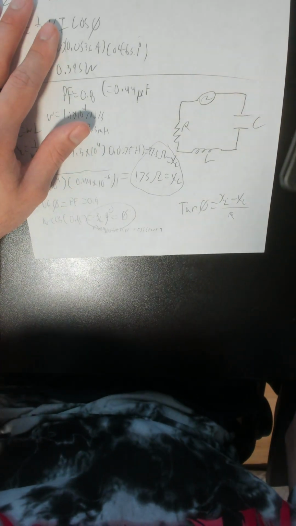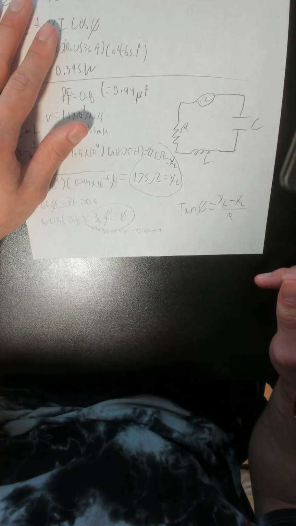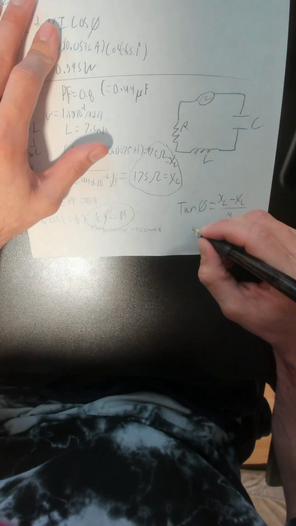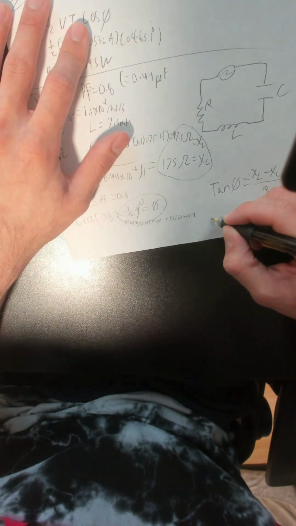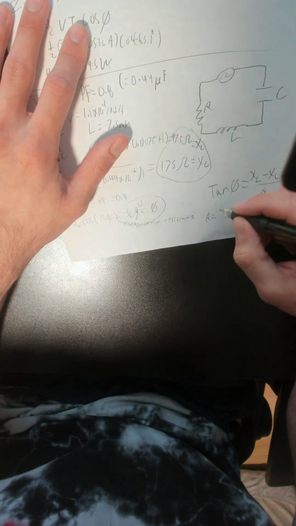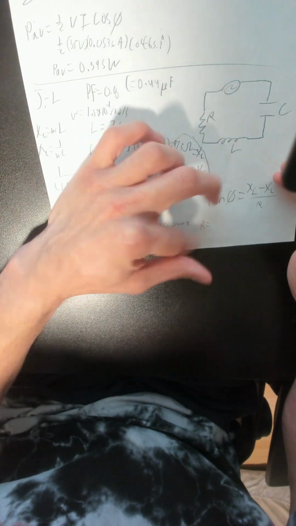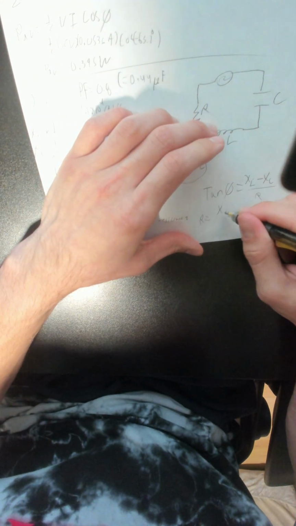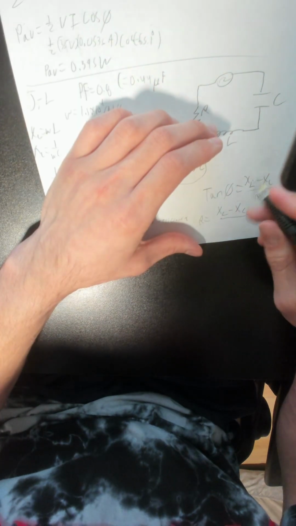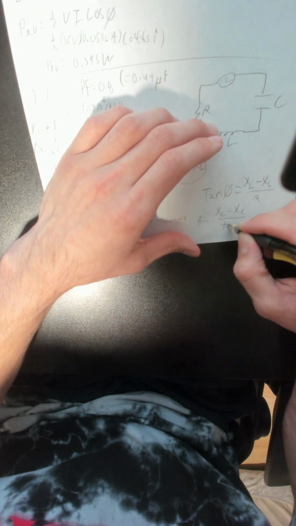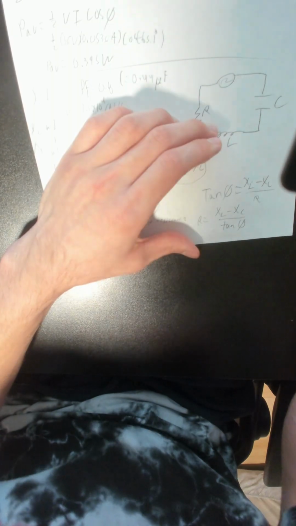Since we're just finding resistance, we put R by itself: R equals XL minus XC over tan of the phase angle.